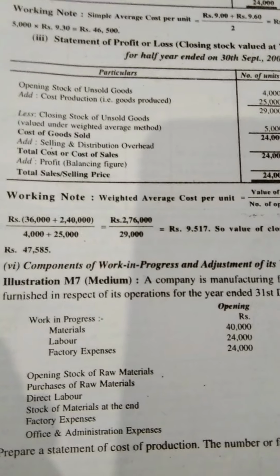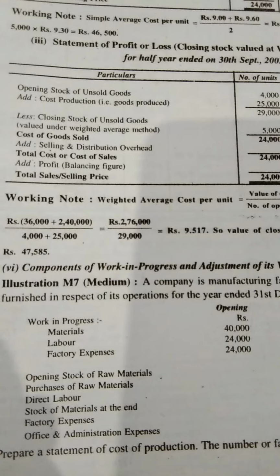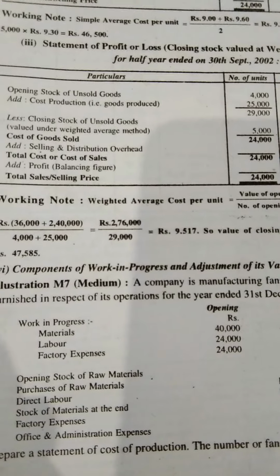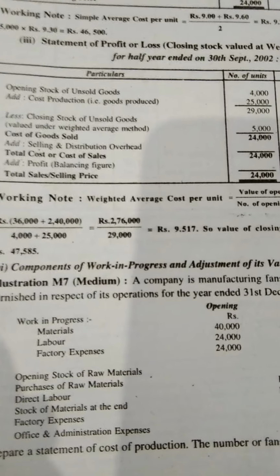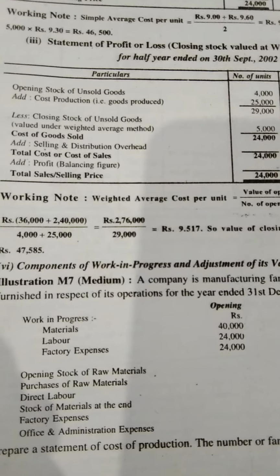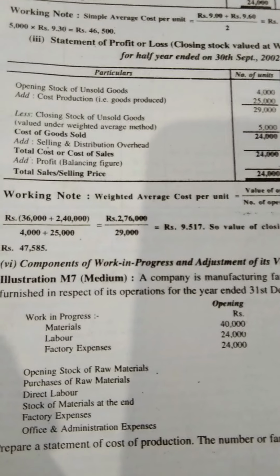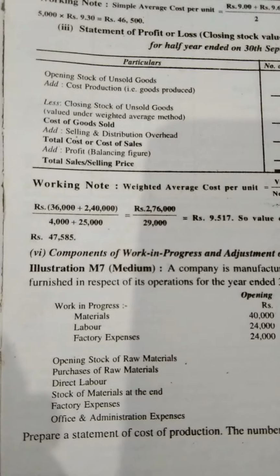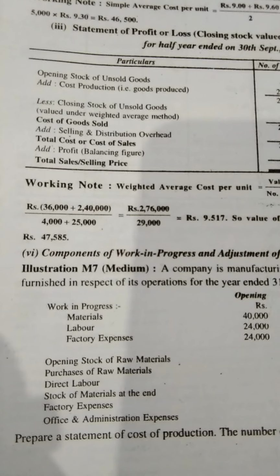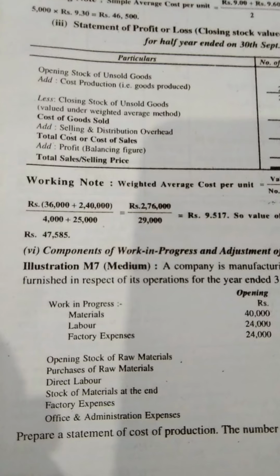Don't be nervous. What is P1? P1 means price for the first one. Q1 means quantity for the first one. Likewise, P2 means price for the second one, and Q2 means quantity for the second one.